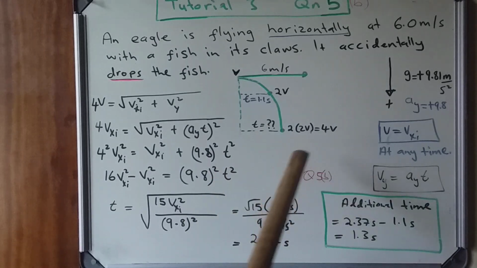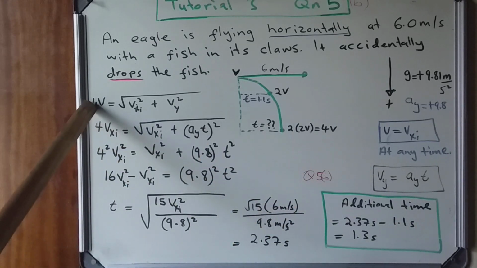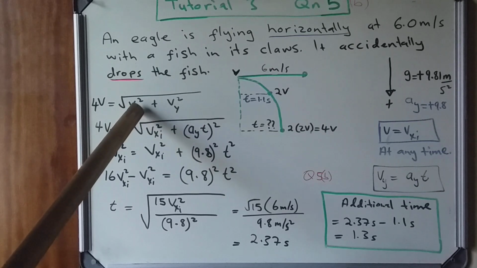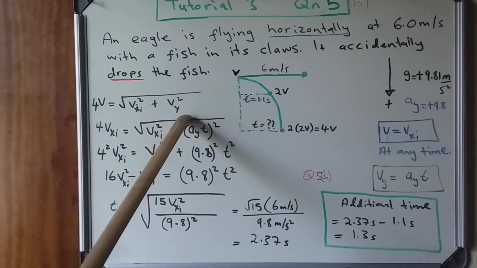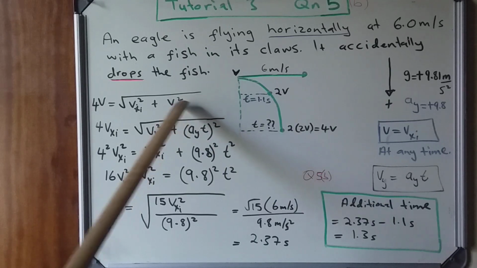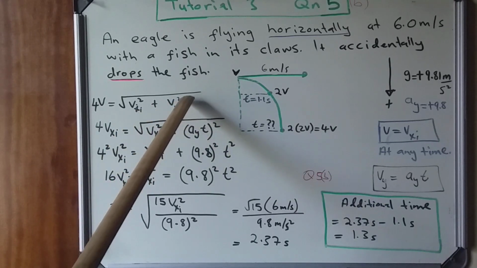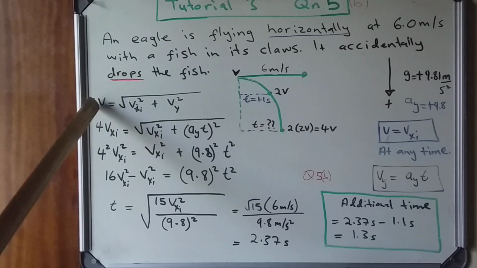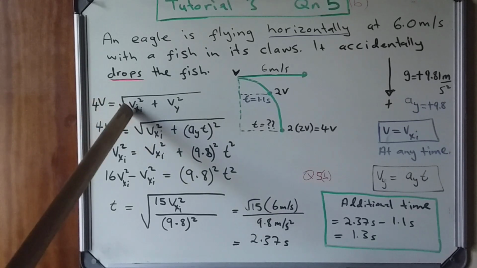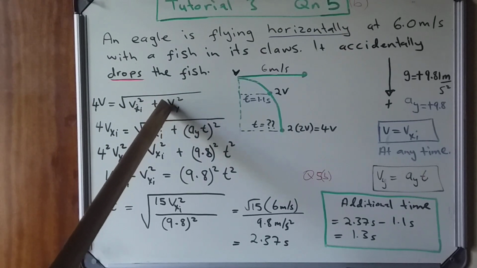Okay, so initially, before we had this 4, we just cover it for now. So v is equal to the square root of vxi squared plus vy, the y component and x component initially squared. So before, if we remove the 4 there, we saw that this component was 0. Why?